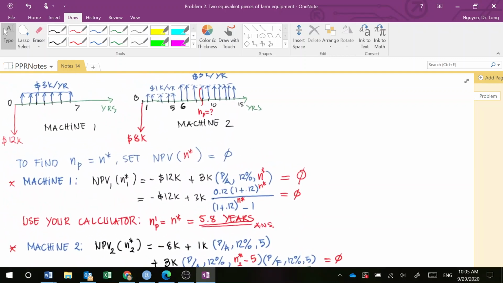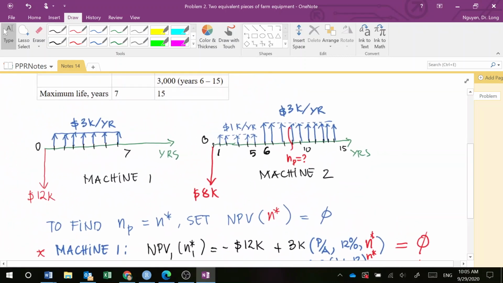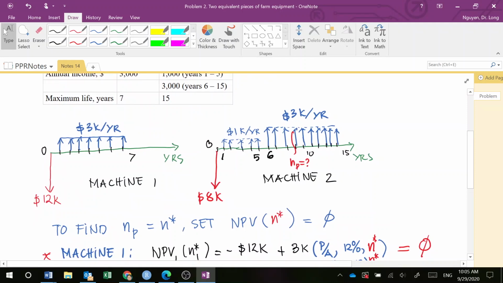And you can see here from the cash flow. It takes 5.8 years for machine 1. So at the end, as you can see there, the remaining amount left is only 6,000, year 6 and year 7, as you can see there.